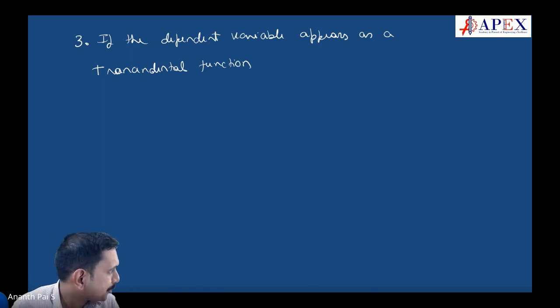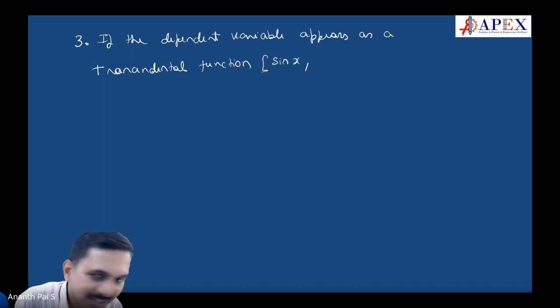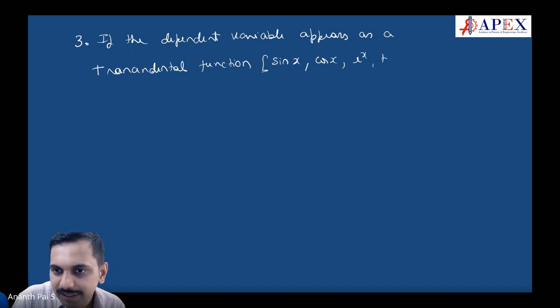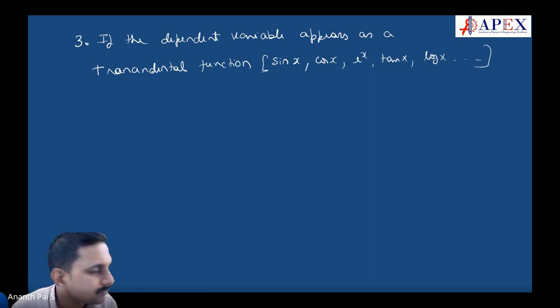So what is a transcendental function? It has a lot of other things in that. So what are those? Sin x, cos x, e power x, tan x, log x, all these things.